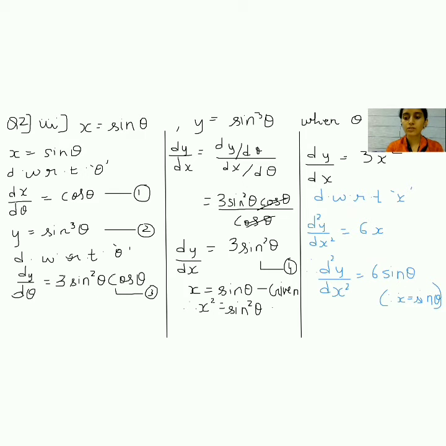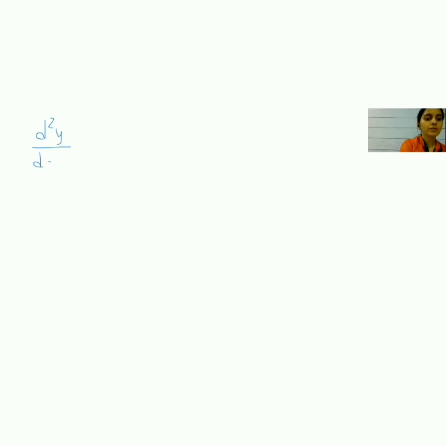Okay, let's put in the value of theta now, because they've asked us to find d2y by dx square at theta equal to pi by 2. Okay, that is equal to 6 sin pi by 2.